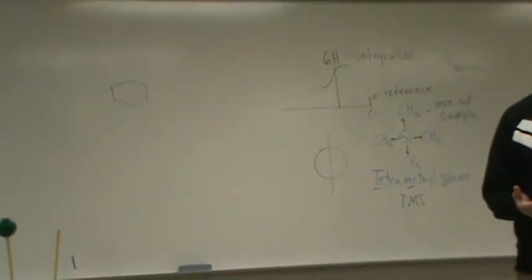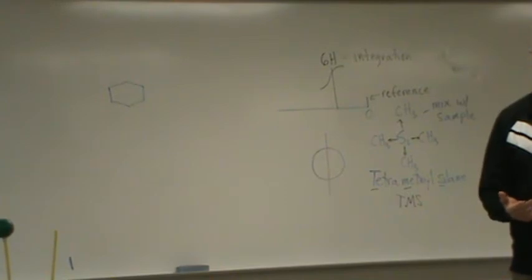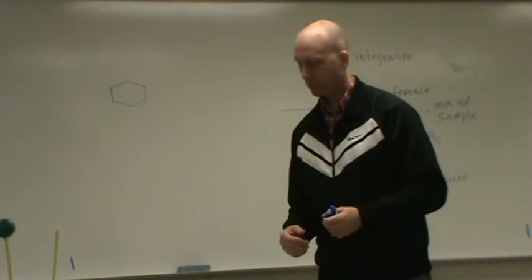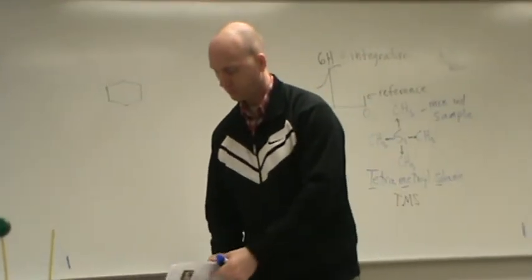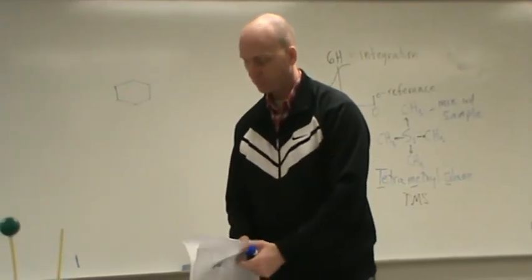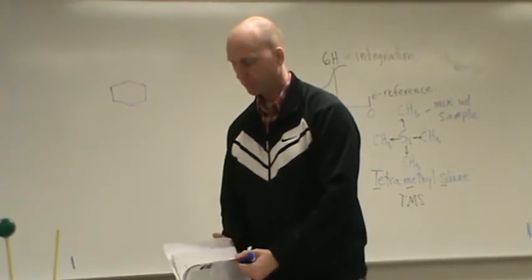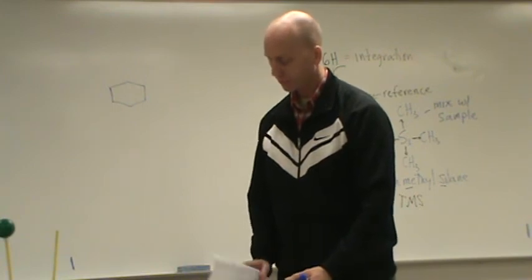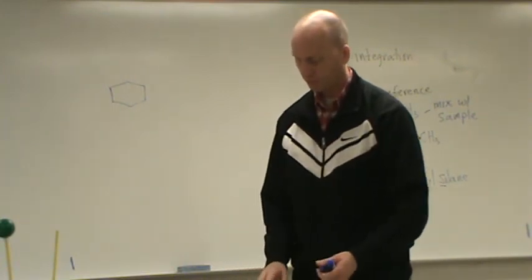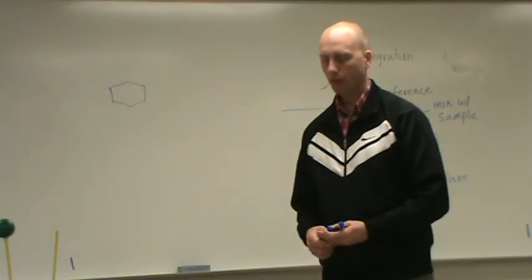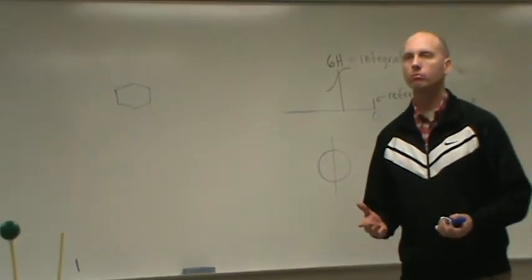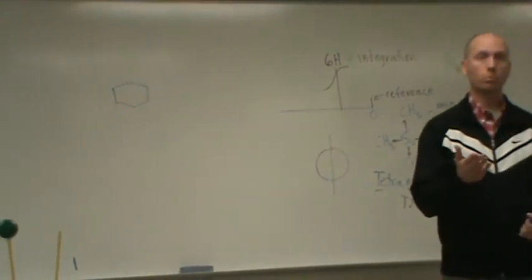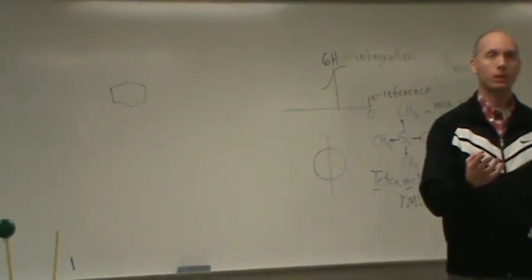Could you predict what the NMR would look like for that? Any ideas? Would it be a singlet with 12 hydrogens? Okay, single peak. With 12 hydrogens? Is it going to be a doublet, triplet? No.